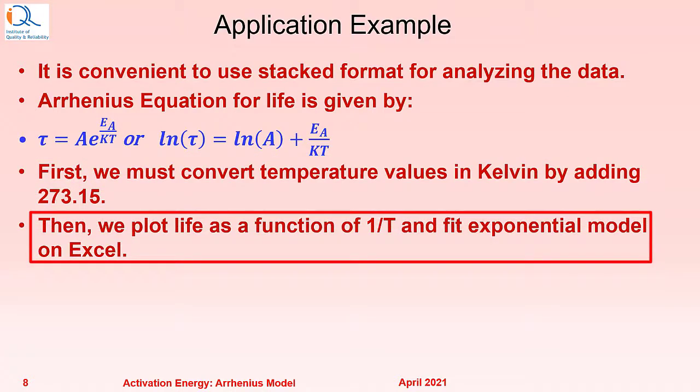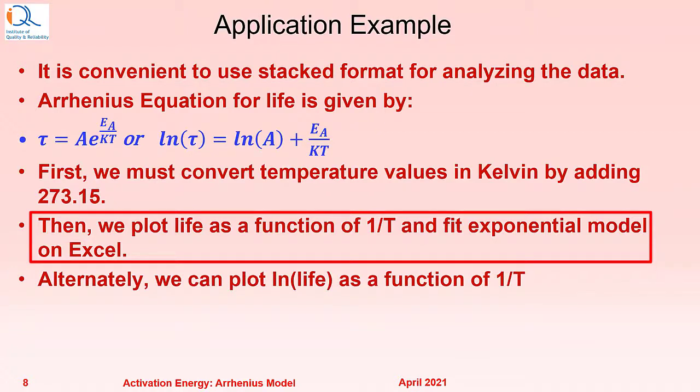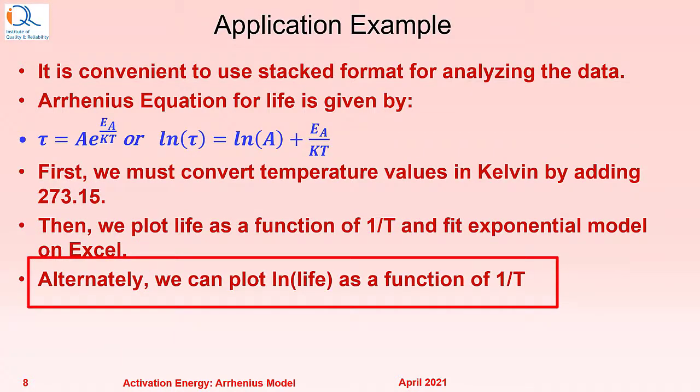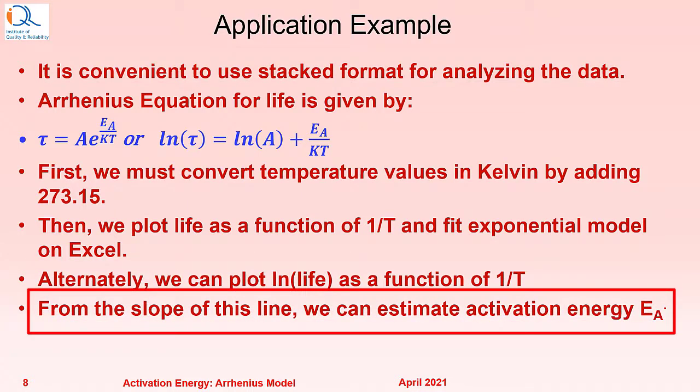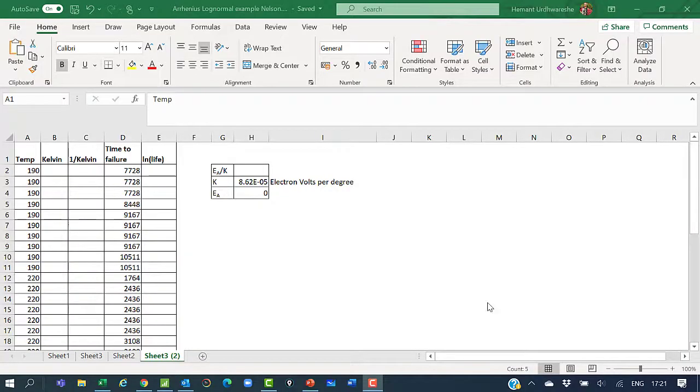Then we plot life as a function of 1 upon T and fit an exponential model in Excel. Alternately, we can plot ln of life as a function of 1 upon T in Kelvin, which will probably be a straight line. From the slope of this line, we can estimate activation energy EA. Let us see how to do this in Microsoft Excel.